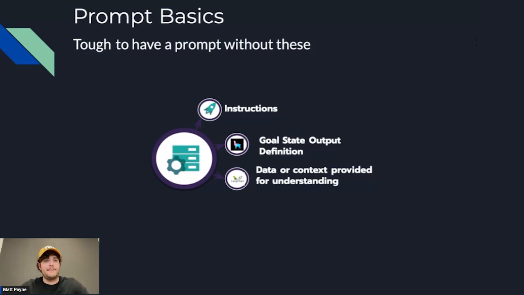One of the best examples I could give is a document summarizer. Let's say you upload a document and you ask it through your instructions, hey, summarize this document. It's going to produce some sort of output. You might like the output, you might not, but that is what the model believes is the best way to complete your task based on the information you have provided in the instructions.